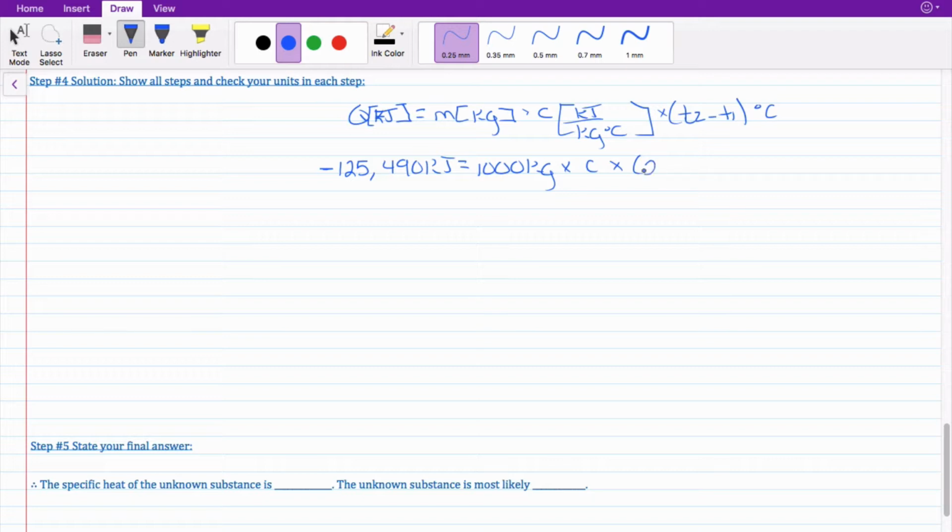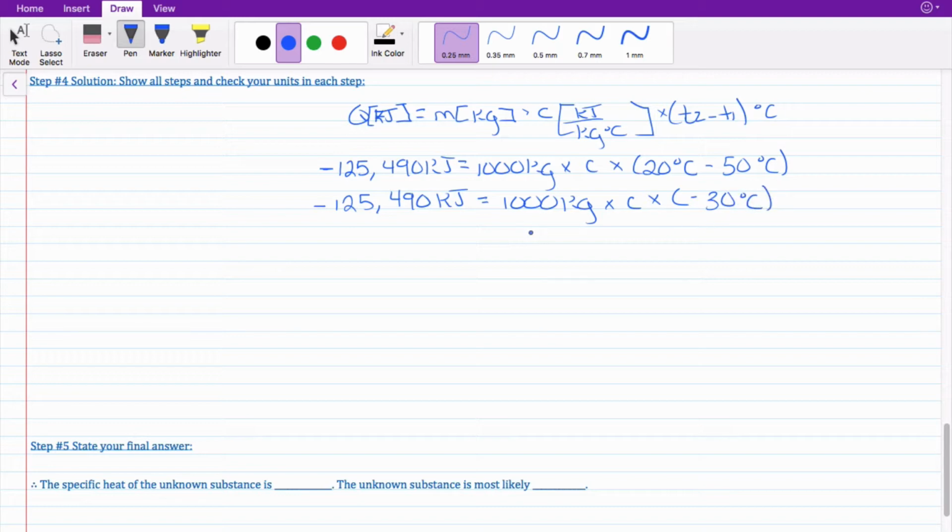So your T2, your final temperature, is 20 degrees C minus your initial temperature, which is 50 degrees C. If we solve in the brackets, 20 minus 50 gives you negative 30 degrees C. So 1,000 kilograms times C times negative 30 degrees C.